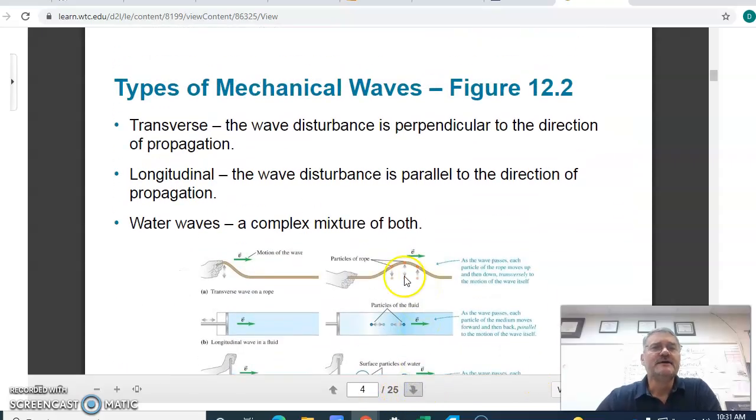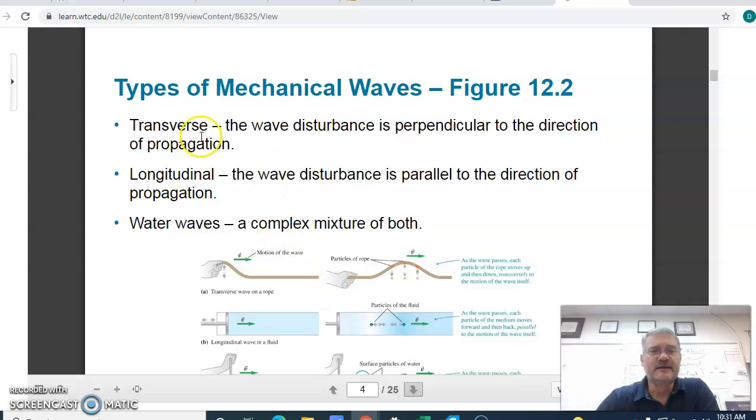In the types of mechanical waves, there are three in your book. Different books use different terminology; I like this terminology with this text. A transverse wave is a wave in which the energy is perpendicular to the direction.